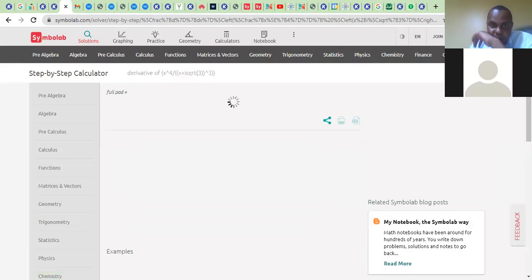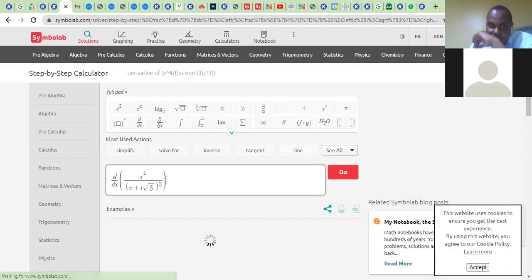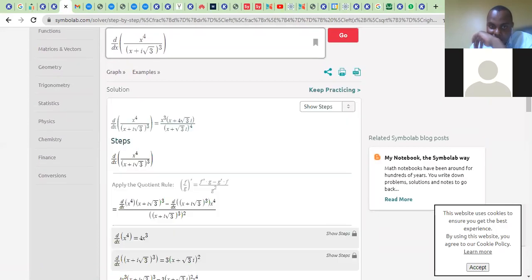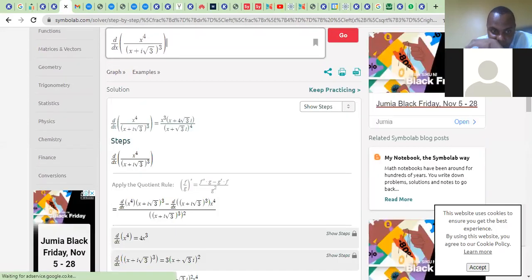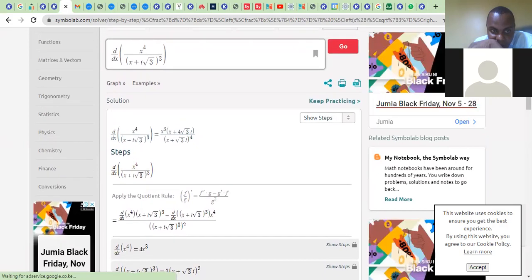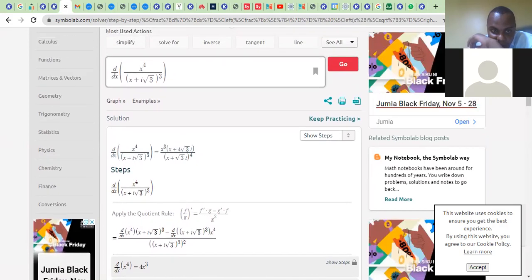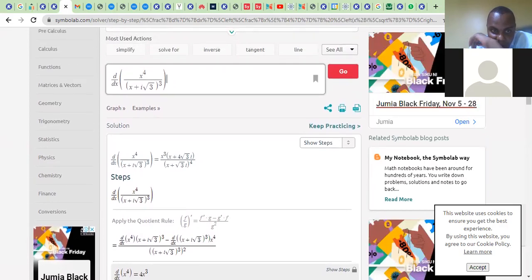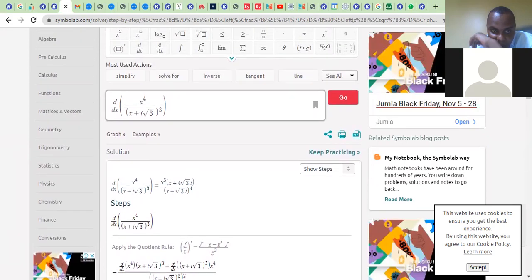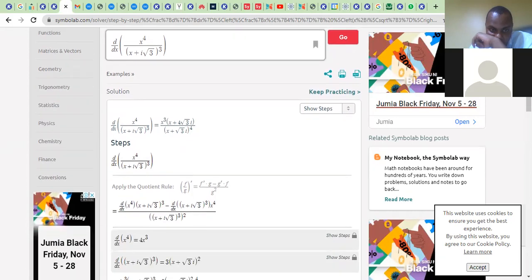They used the quotient rule. We can do it with z to the 4 times (z plus i square root 3) to the power negative 3. But the answer should be the same. One of them could be easier than the other. Let's check it out. Can we go down and check f double prime of z?